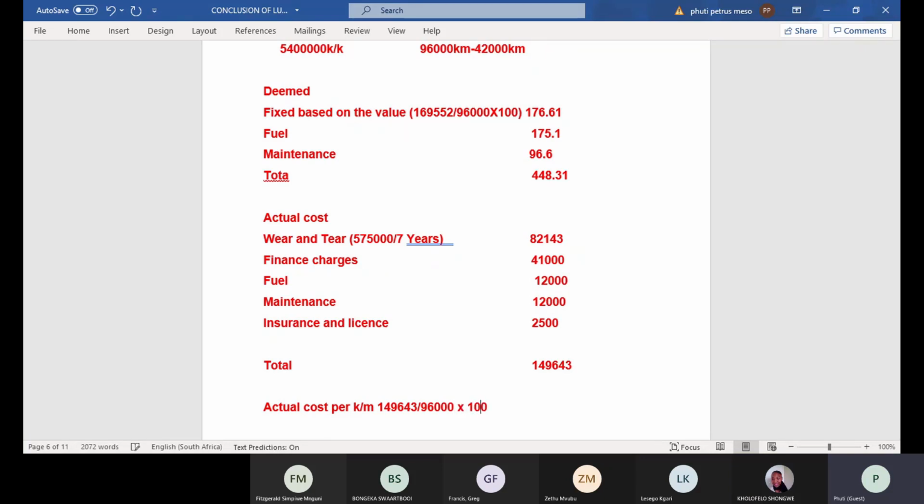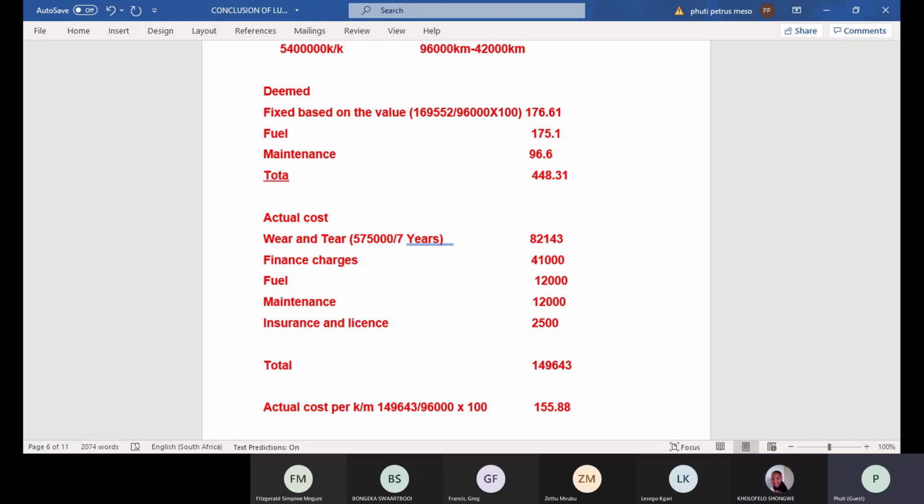You multiply this by 100. I'm getting 155.878, so we're going to round it off to 155.88.